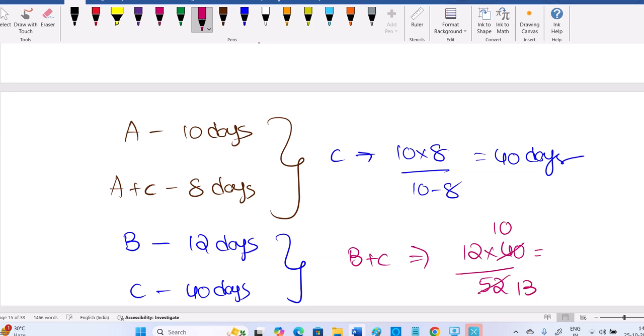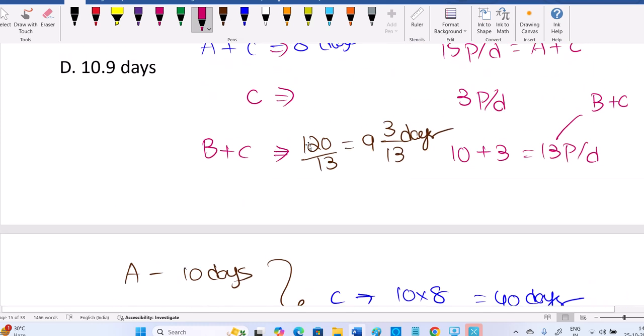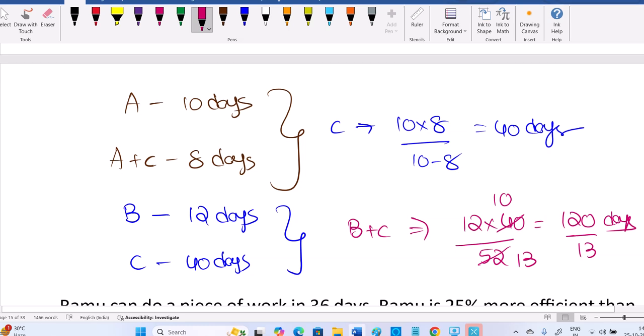Same last step if you see: 120 divided by 13, approximately 9 days or 9 3 by 13. Same thing here, 120 divided by 13. This is the other one. Product divided by difference, product divided by summation. You may get this type of thought process as well.